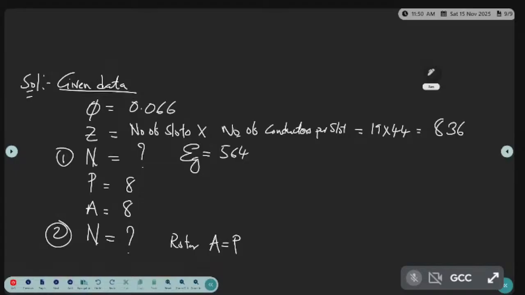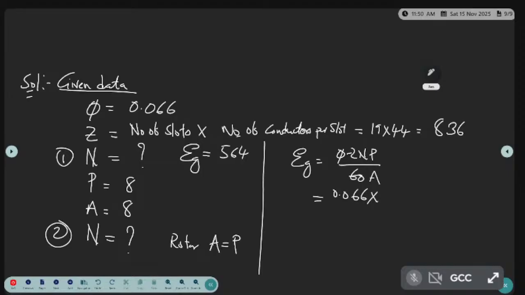EG is equal to phi Z N P by 60 A. Phi is 0.066, Z is 836, N is what we have to find, P is 8, and A is 8 for the lap case. Here EG is equal to 564.